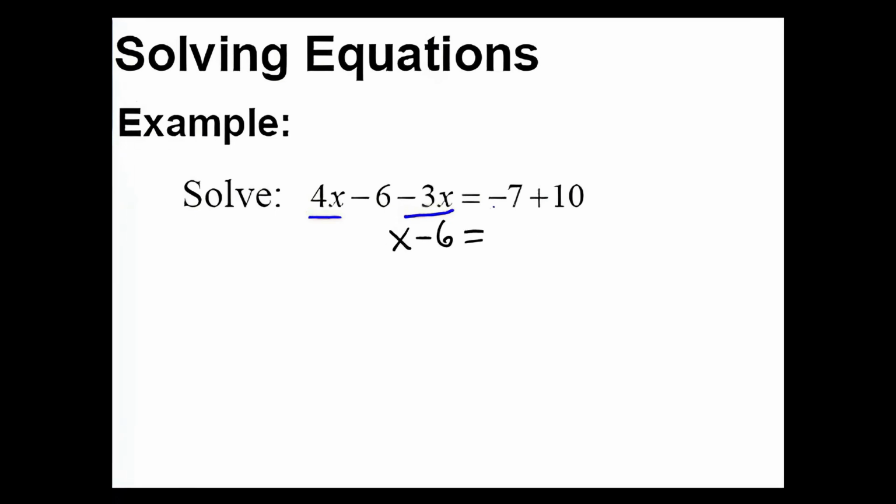If we stay on the right-hand side, those numbers can go together. They are different signs. Subtract, sign of the larger, so positive. Now we have a one-step equation to solve. So we'll go on the side with the x, and we're going to take off the 6. It's subtracted, so we should add a 6 to both sides.